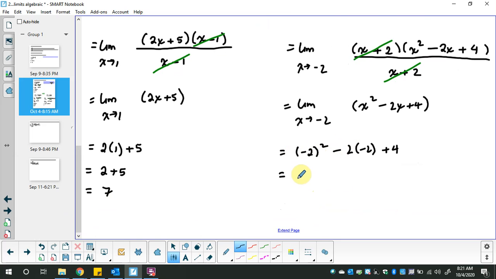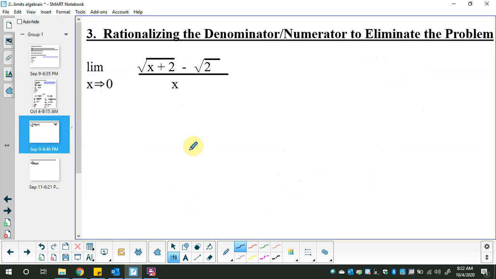So -2 squared is 4, -2 times -2 is +4, plus the 4 at the back ends up giving us an answer of 12. So I'm going to leave this here, but I'm going to set up Desmos so that you can see what fits in visually before we start something that is pretty high-tech mathematically.